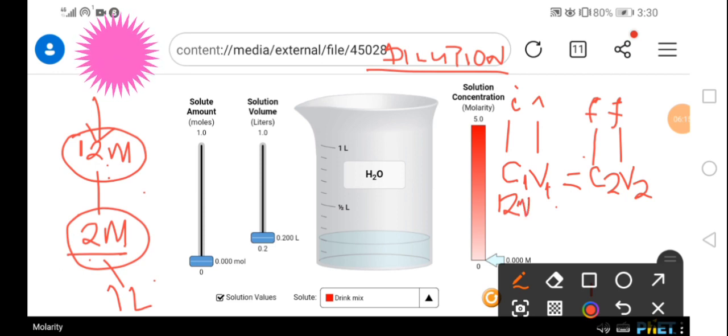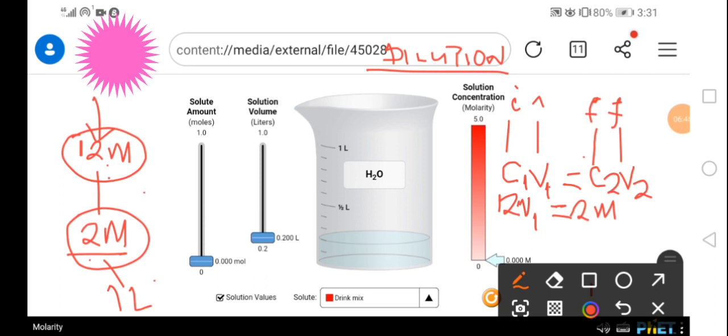So it will remain V1 here, equals the concentration you want to make, which is 2 molar, and then the final volume you are going to get when you dissolve this 2 molar, you want to make 1 liter, so you say times 1 liter.